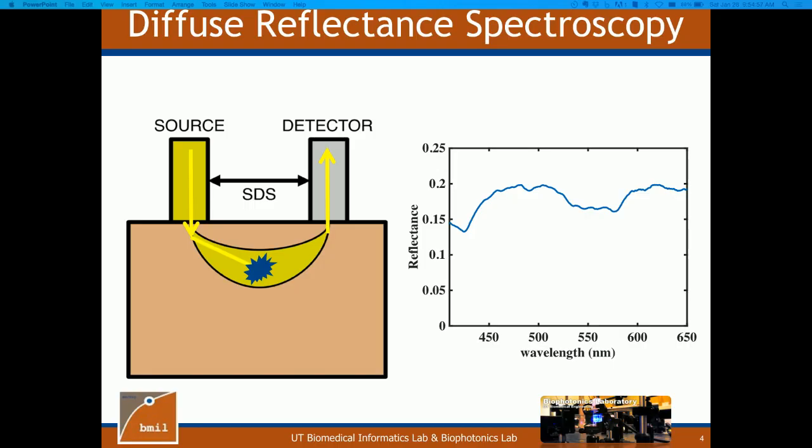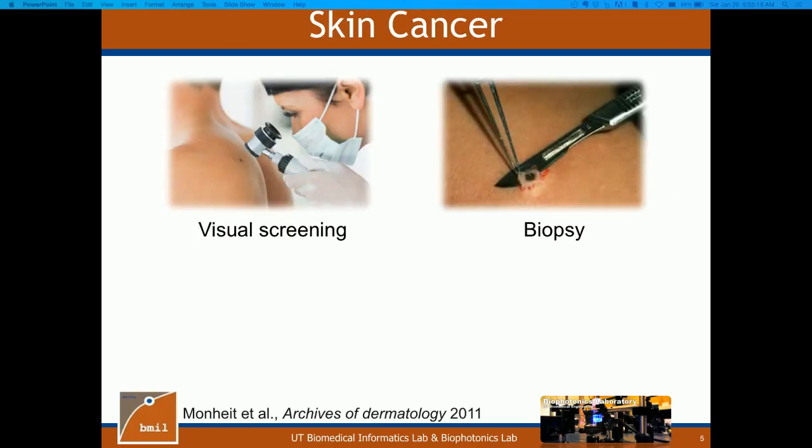The reflectance technique is widely used in biomedical applications such as tissue diagnosis for cervical cancer, breast cancer, lung cancer, oral cancer, brain cancer, and skin cancer. Our group focuses on skin cancer, which is the most common cancer in the US.